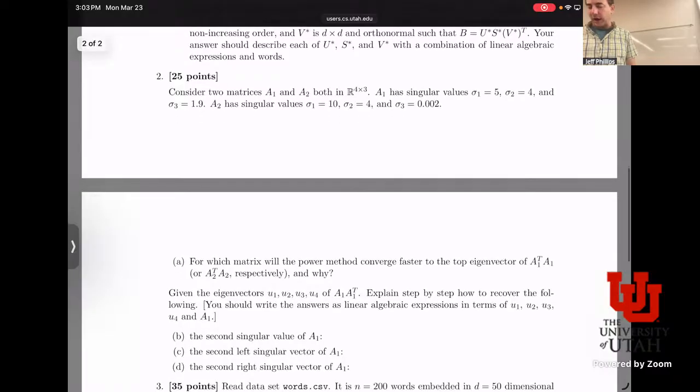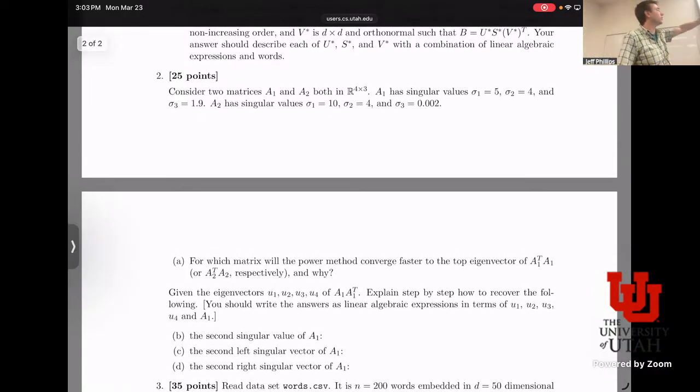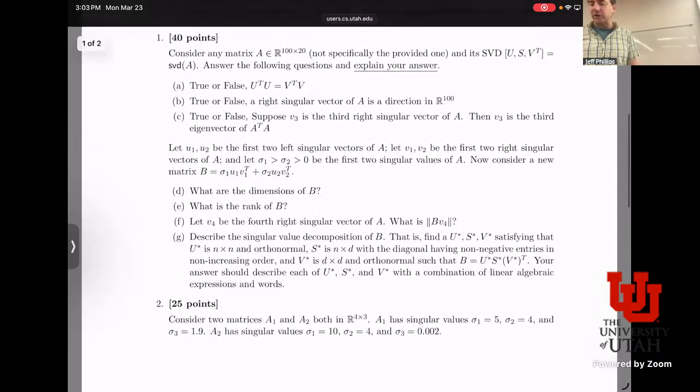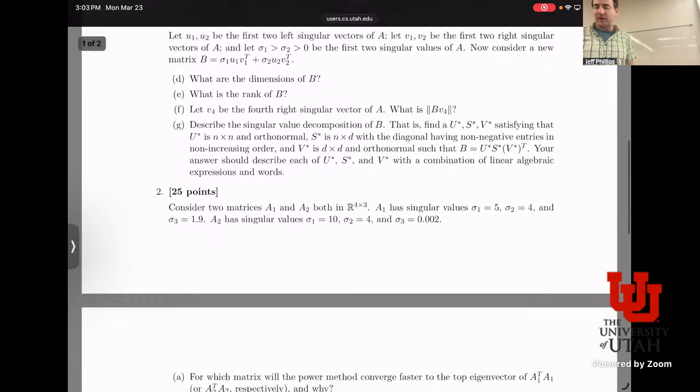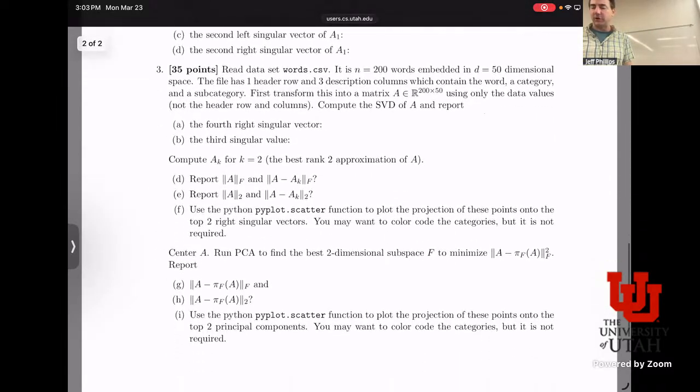Question 2 is about the relation between the power method and the eigen decomposition and SVD. You'll have to reason about these things. If you're really familiar with this stuff, this might be really straightforward for you. If you are not as familiar, I hope both of these questions make you think a little bit, to force yourself to understand some of the properties under the hood.